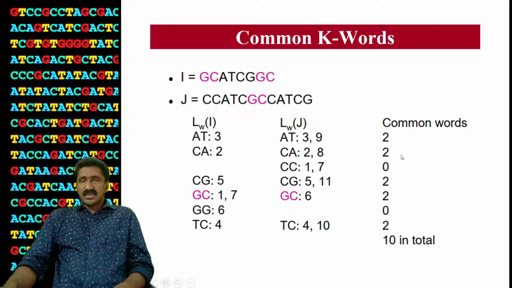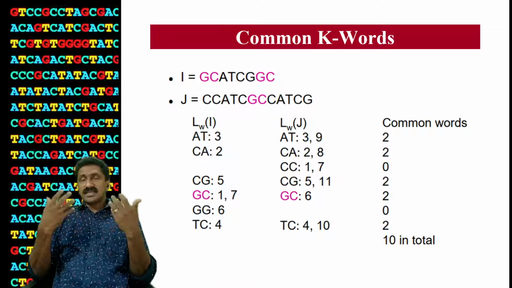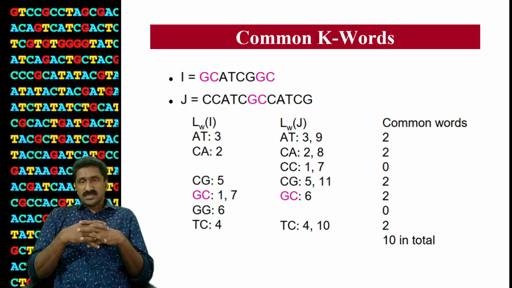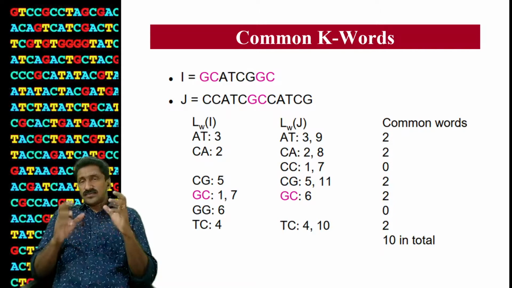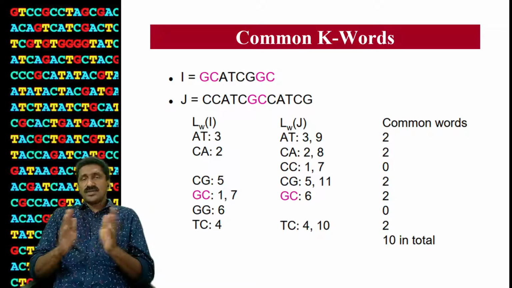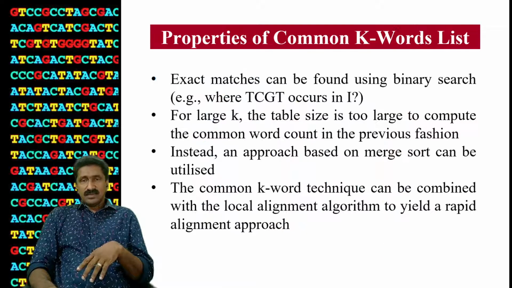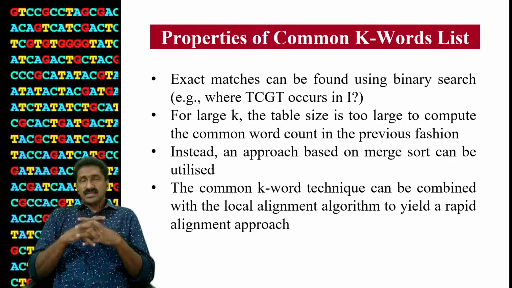Then CA, again you have two common words, and this one does not have any match. And likewise, you compare both sequences word by word and see whether there are any matches or mismatches between the two strings. If the same word is present, then that match can be identified. So the first point is generating the list of words, then comparing the list of words between the two strings. Then exact matches can be found using binary searches.